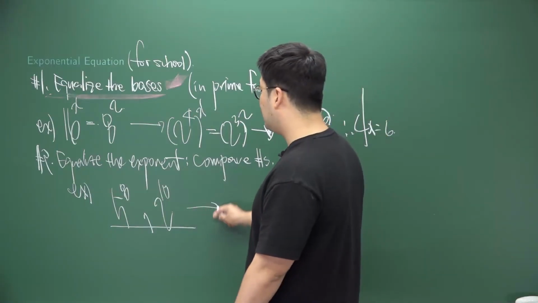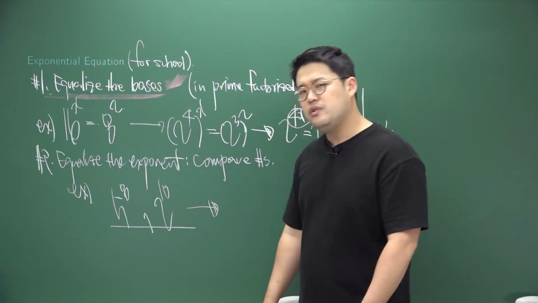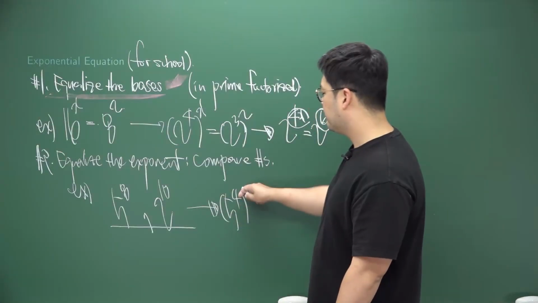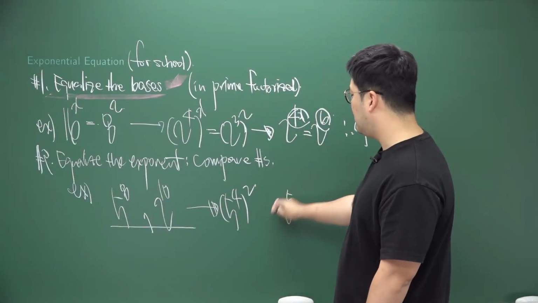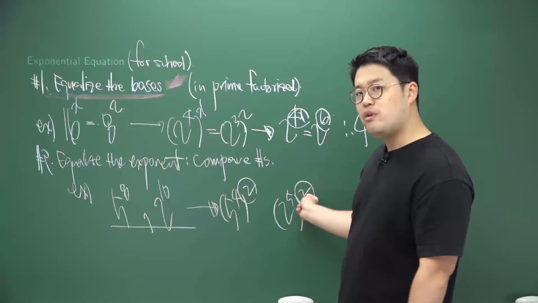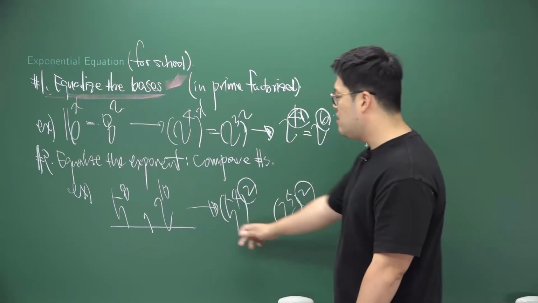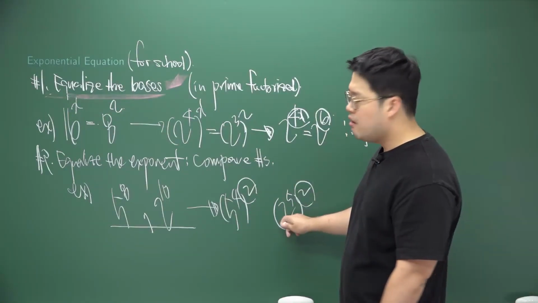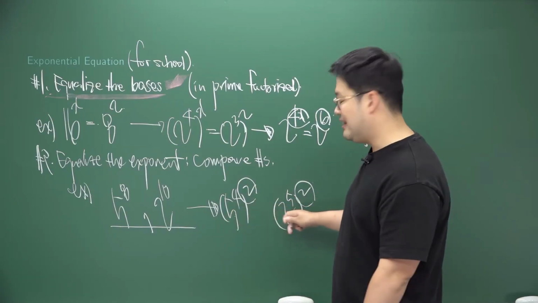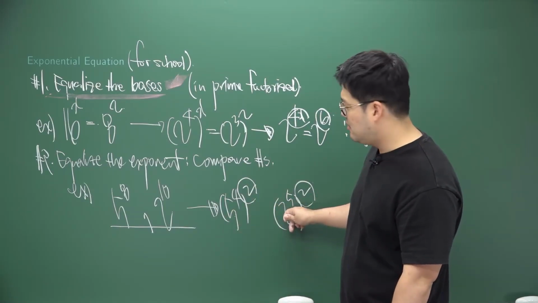But unless we use the calculator, what we do is make sure that the exponents are equal. As long as we make the exponents equal, we know how to compute a smaller number. 5 to the power of 4 equals 625, and this one is just 32.